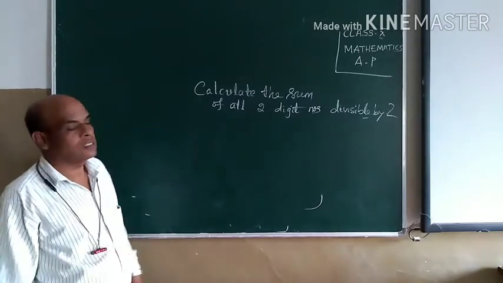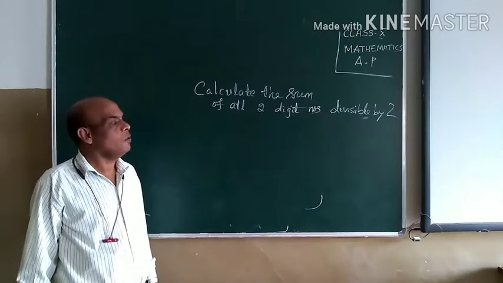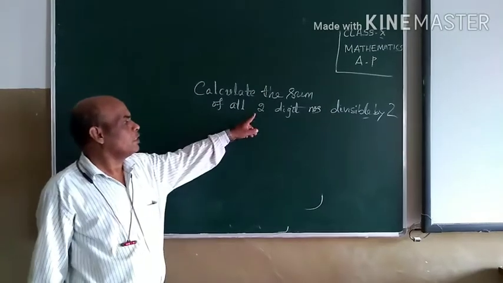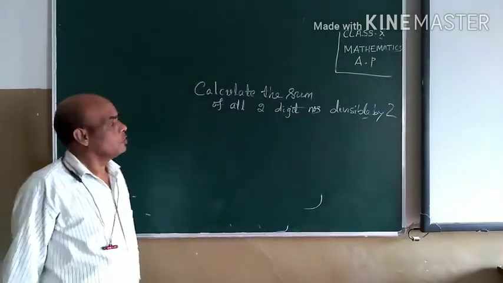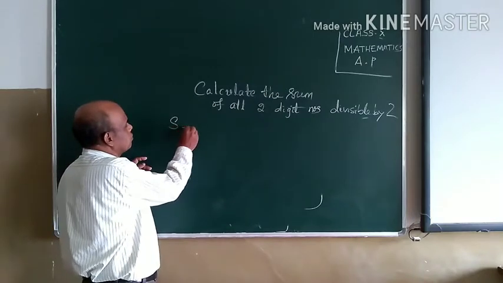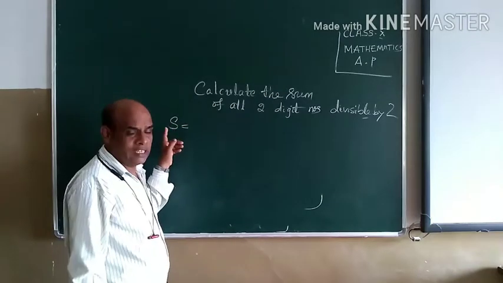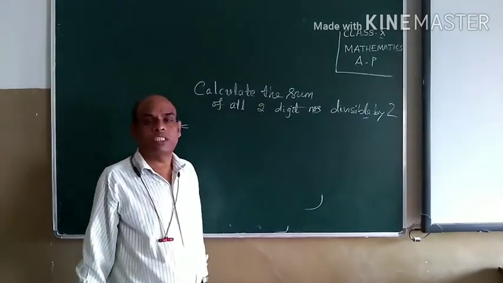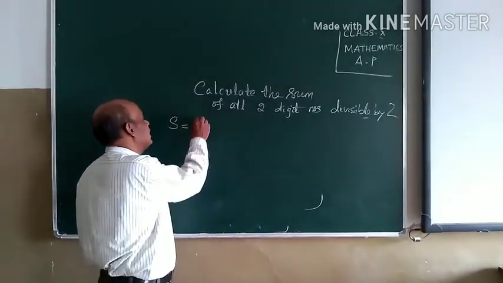So first we have to write the sequence. See here, given two-digit numbers, so we will write the two-digit numbers, and then we will find the sum. Two-digit numbers start from 10.